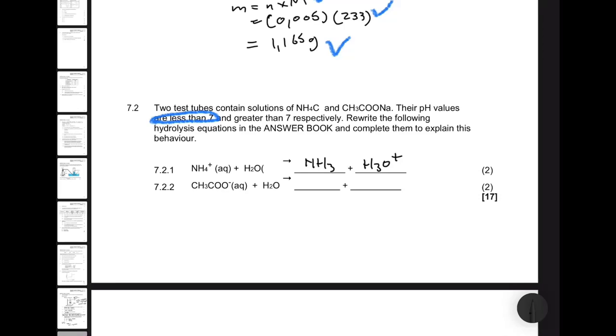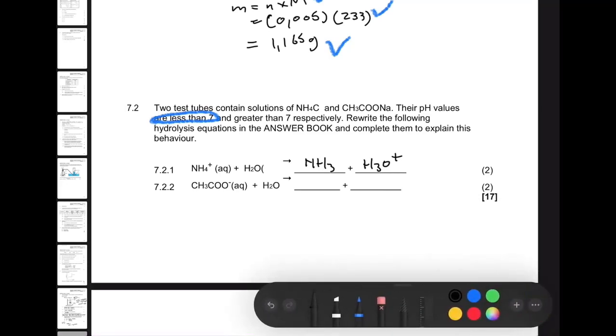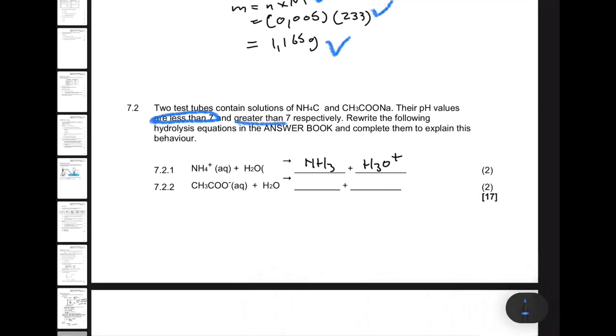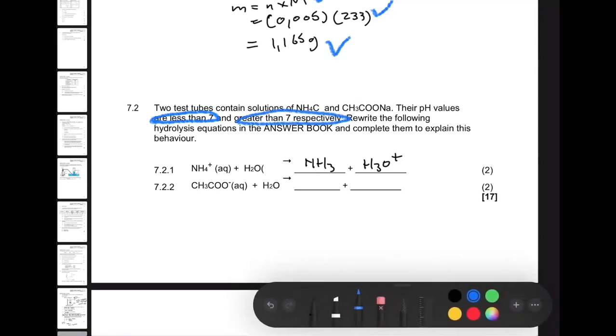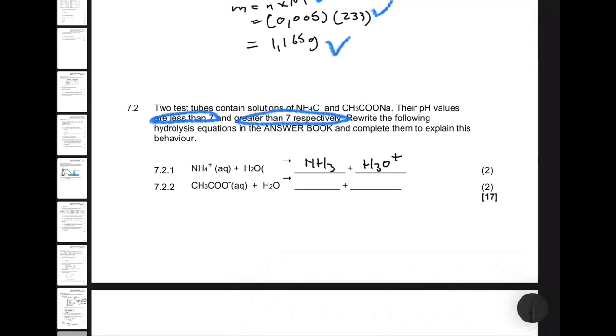And then now let's pay our attention to 7.2.2. It is said to have a pH of greater than 7. What does that tell us? It tells us that it is basic, so it's supposed to gain a proton, right? So we're going to have CH3COOH, right?